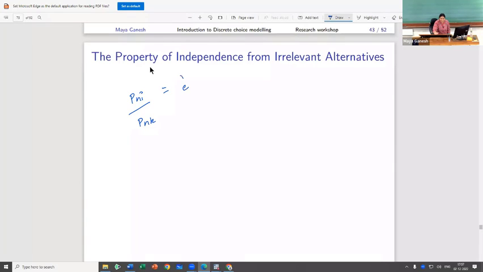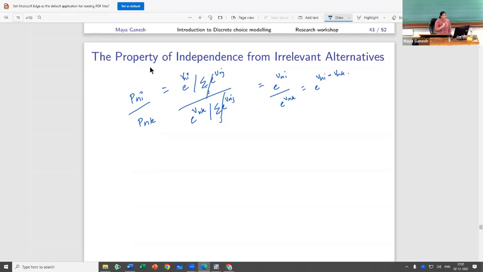This ratio is independent of the alternatives other than I and K, and this is defined as the independence from irrelevant alternatives. Put very simply, for a specific individual, the ratio of the choice probabilities of any two alternatives is entirely unaffected by the other alternatives or their attributes.